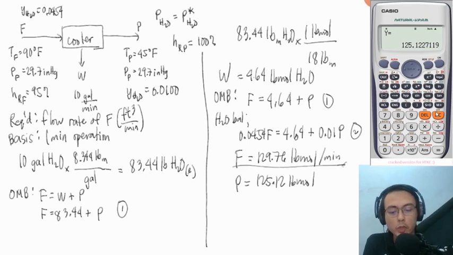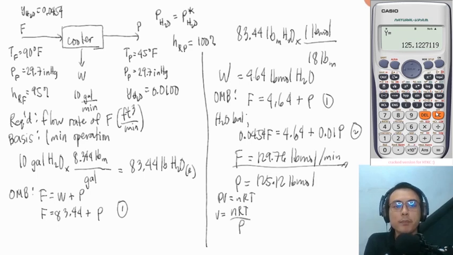And we are required to determine the volumetric flow rate of the feed. So we resort to the ideal gas equation. PV equals nRT. V is equal to nRT over P. And then you do the rest. We already determined the number of moles of the feed. You simply substitute that to the ideal gas equation to determine its volume.